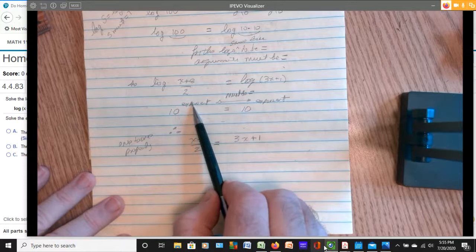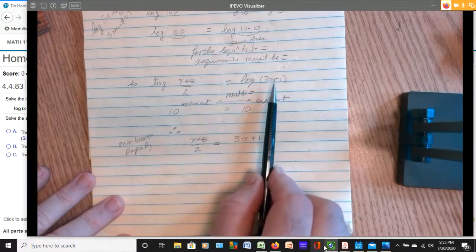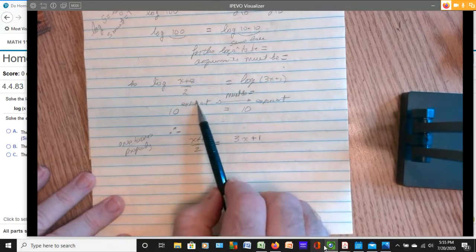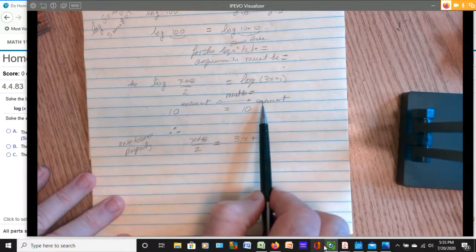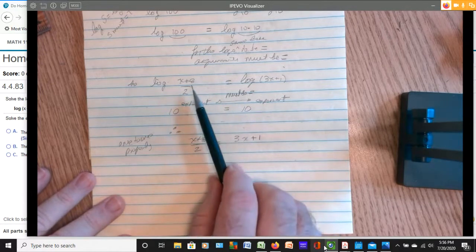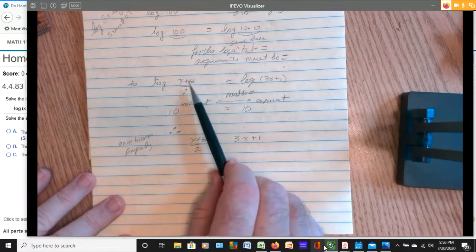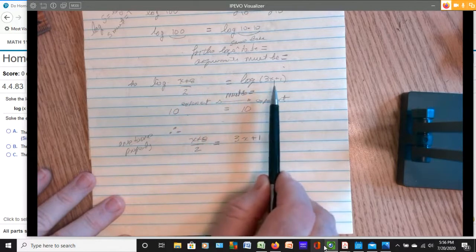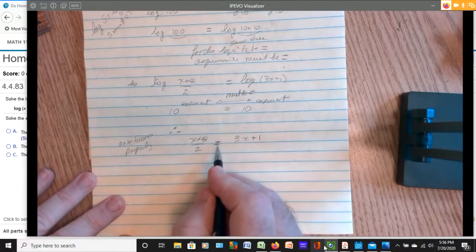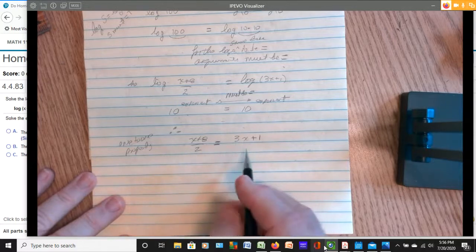So the exponents would be the result of this log calculation. And if the exponents are equal in terms of an exponential function, then we can make the same connection that this argument here must equal this argument here.